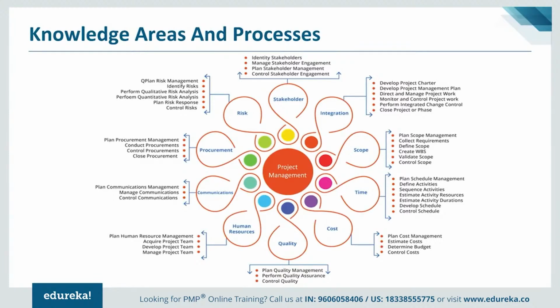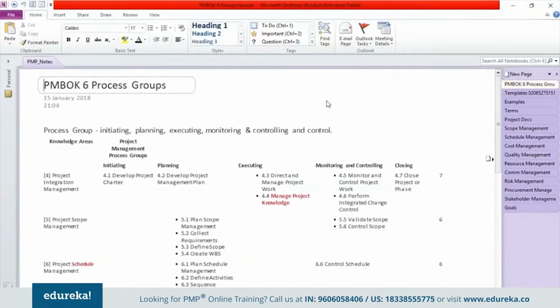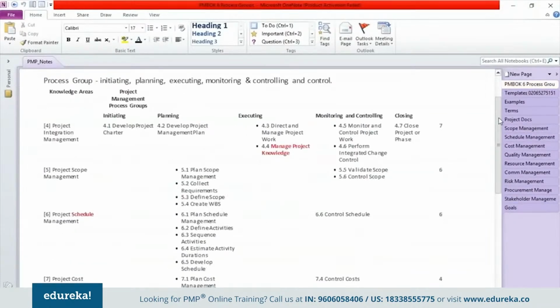And of course, there are process groups. Those process groups are initiating, planning, executing, monitoring and controlling, and closing. All these knowledge areas and processes are going to be a part of these process groups. Let me very quickly show you this.